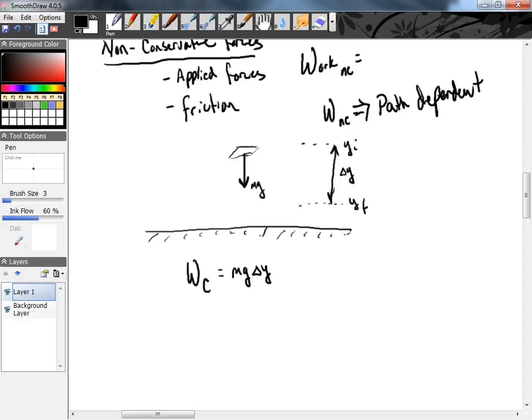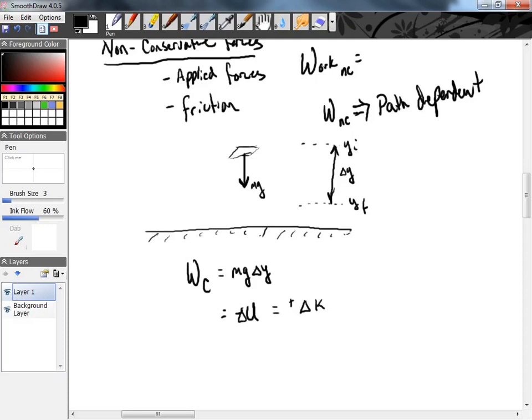So in other words, the work equals negative delta U. It will also equal a positive delta K. We've defined work to be our change in kinetic energy, so it's going to be a positive change in kinetic energy.